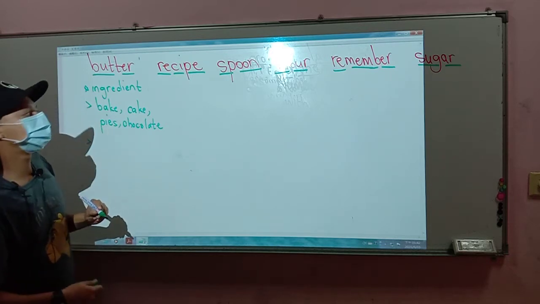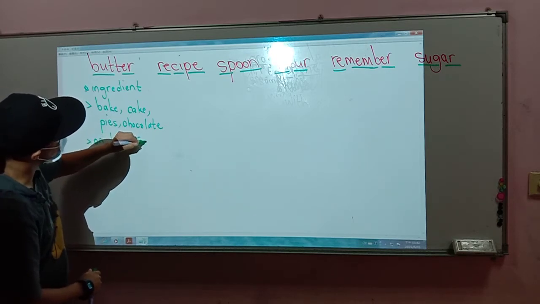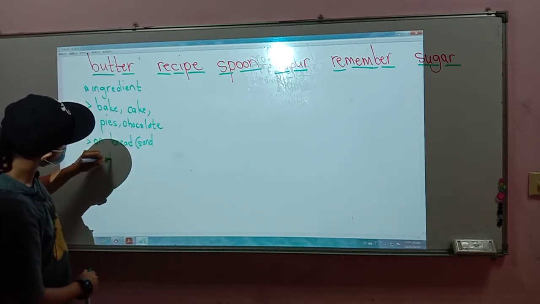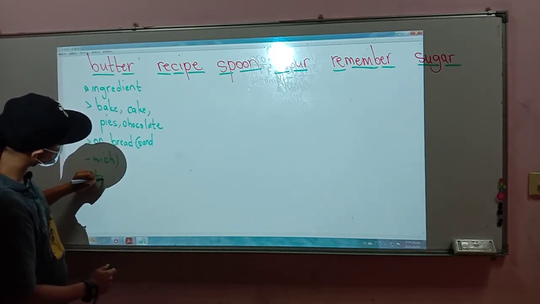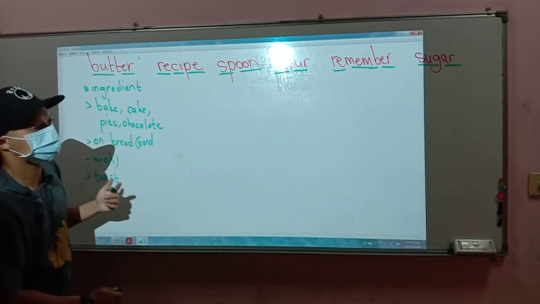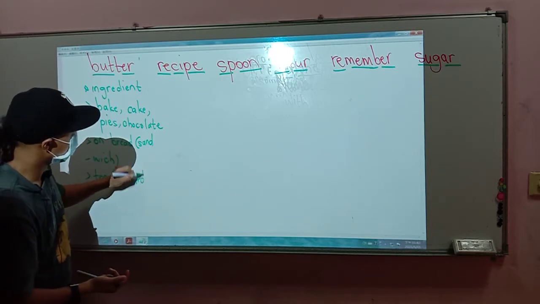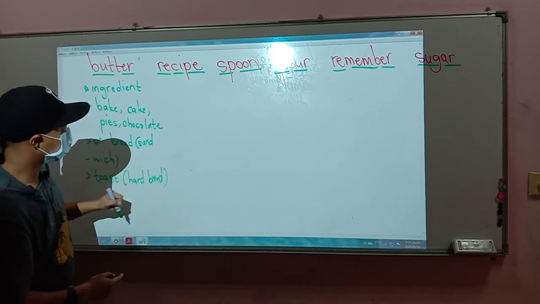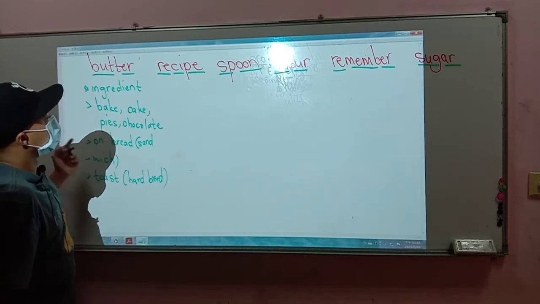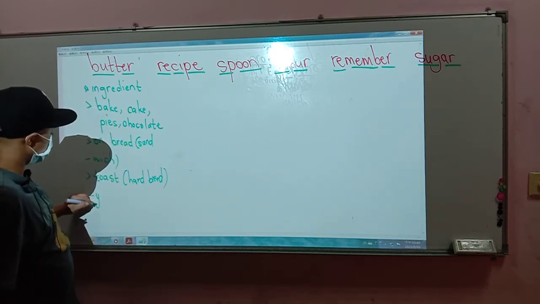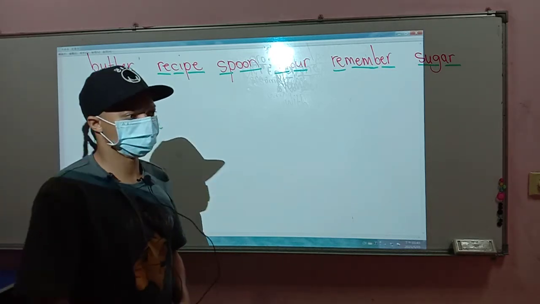Also, many people put butter on their bread, so like on a sandwich, and also on toast. If you don't know what toast is, it's heated up bread and it becomes a little bit hard, okay? So it's like hard bread. I'm sure you guys have heard egg and toast before, okay? So yeah, butter. Sometimes you see butter, it's normally very yellow. And another cool word people use for butter is margarine.